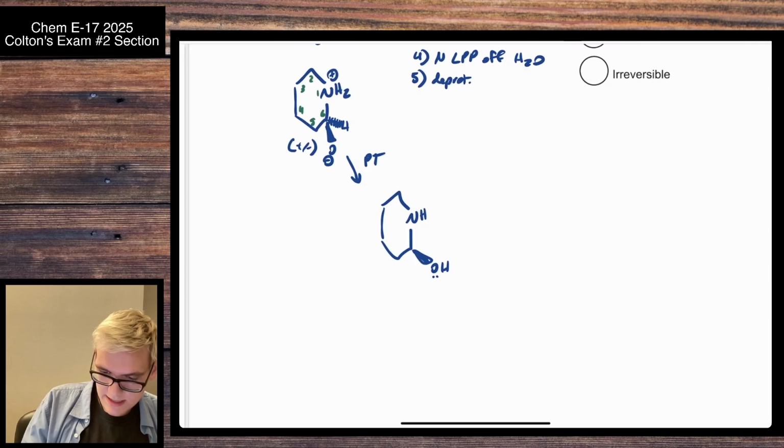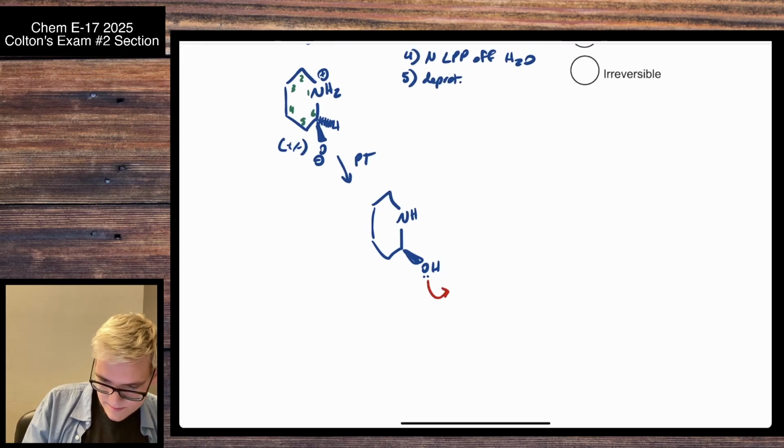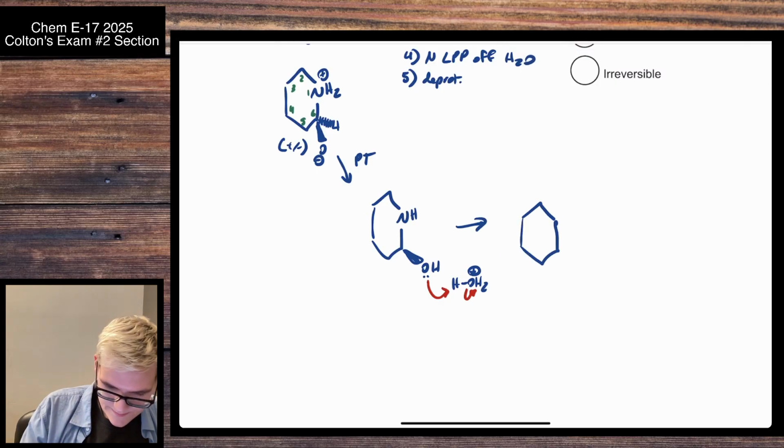Then I do my protonation. And then little things like remembering the plus on this.